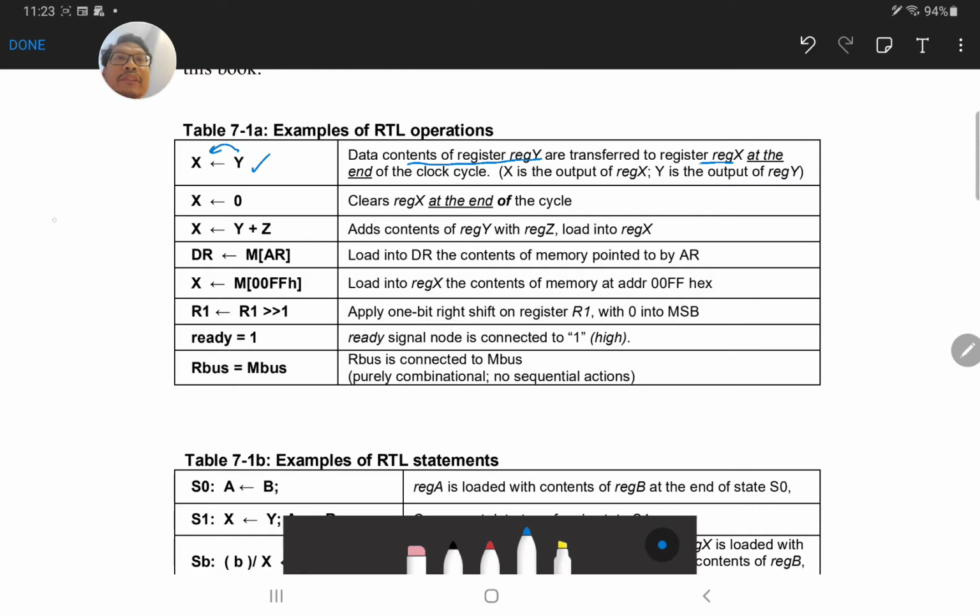Okay, if you want to visualize the register, you can say something like this. Y goes into X. So here is your X reg, here is your Y reg.